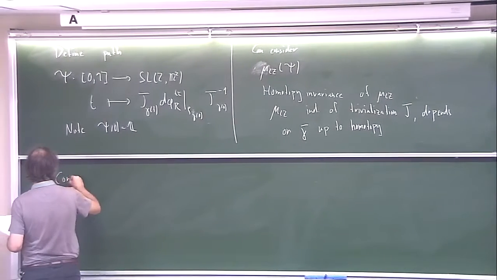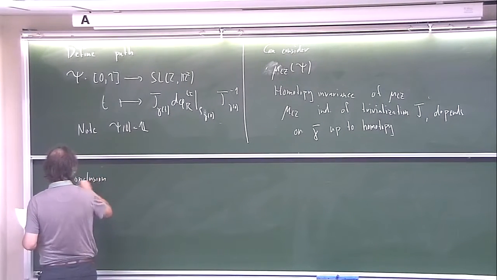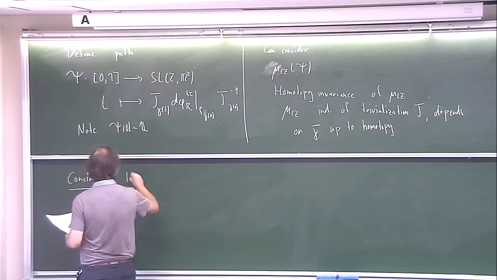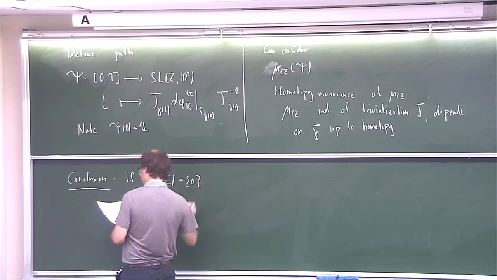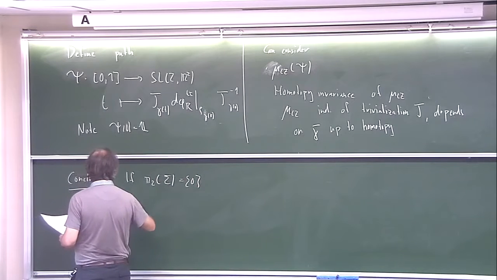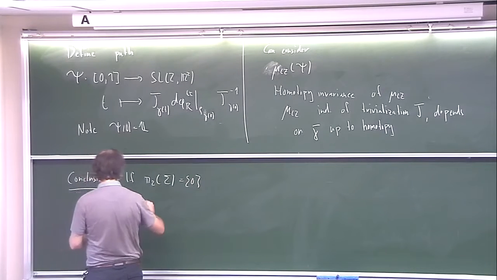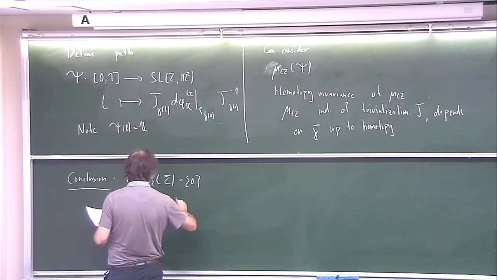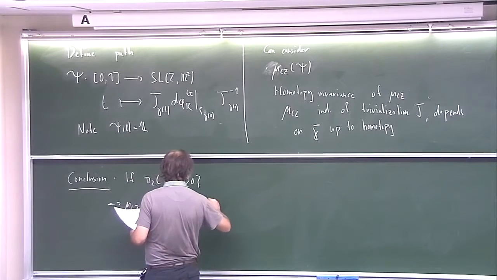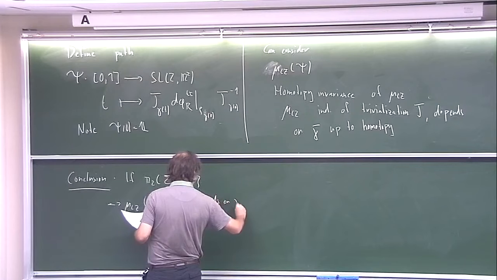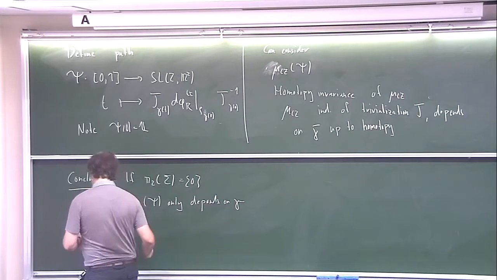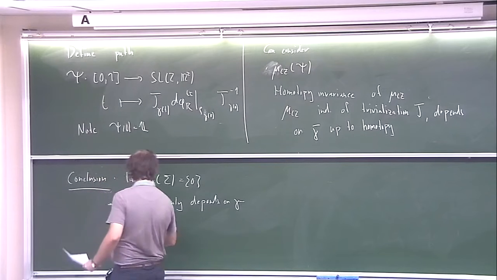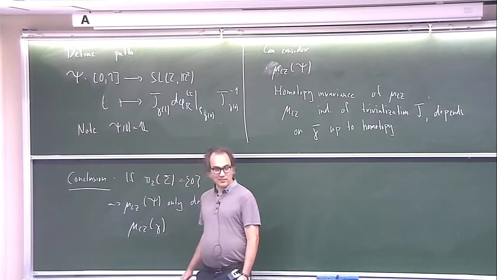So conclusion, if pi 2 of sigma is trivial, then the Conley-Zehnder index of psi only depends on gamma. So it makes sense to talk of the Conley-Zehnder index of a periodic Reeb orbit.